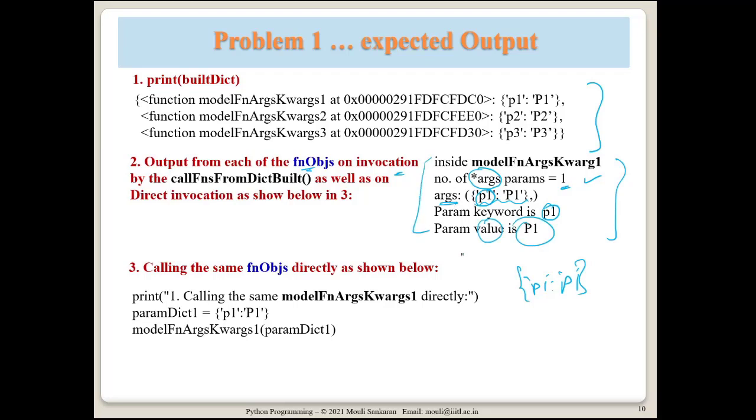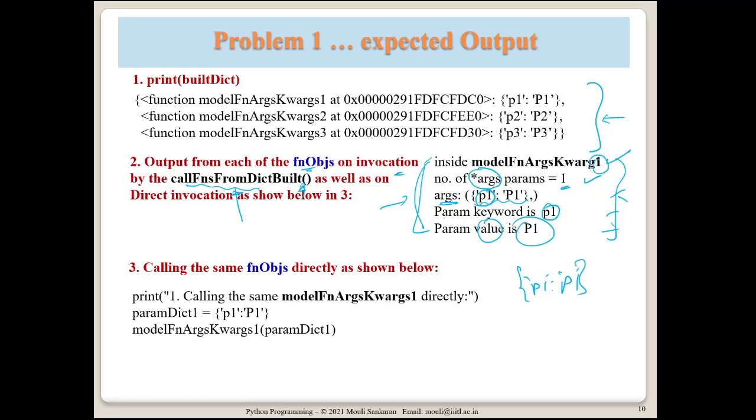When you invoke it from the dictionary itself, that is what you are going to build. You are going to write this function which accepts the dictionary which is built, then it will call each of those functions, and when it executes, it will print like this. You will get 3 printouts, because you are passing 3 of these, and the value will be different for each of them.